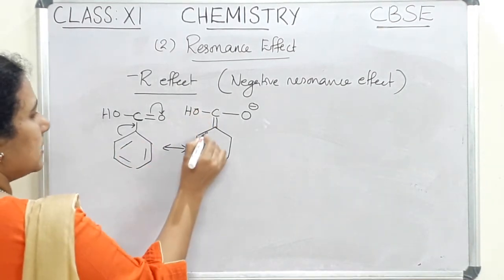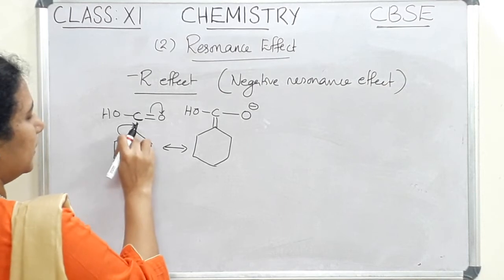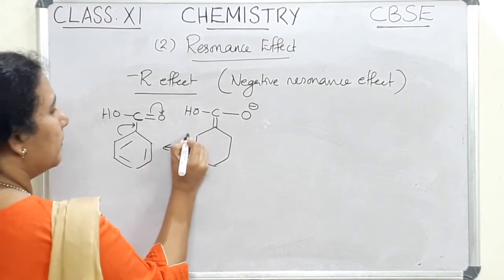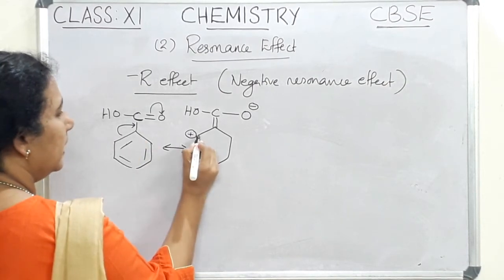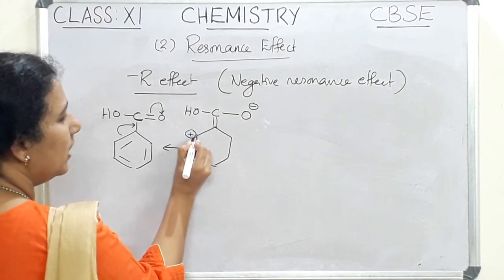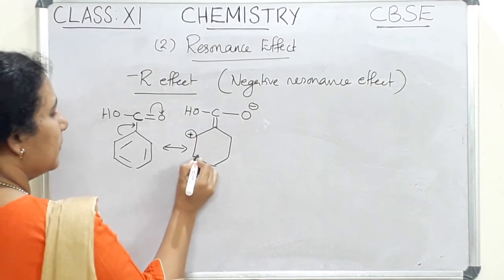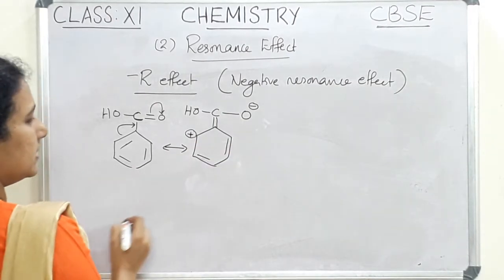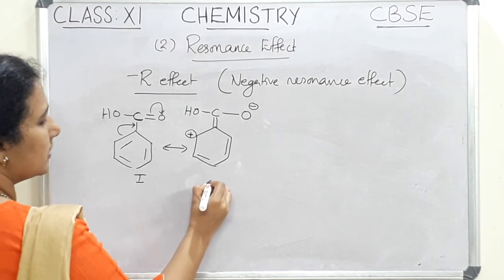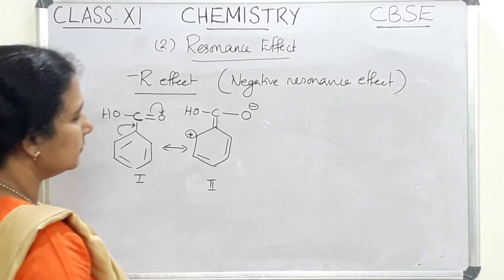Now this bond is shifted towards here, and this carbon gets a positive charge. So the electron pairs are shifted from here. So this position has a positive charge and other bonds are the same. So this is the first structure and this is the second structure.